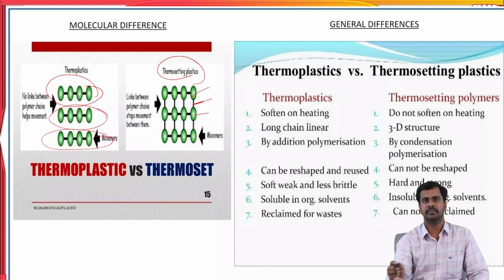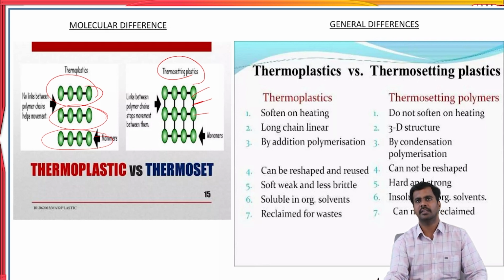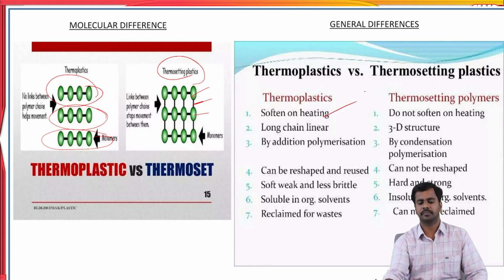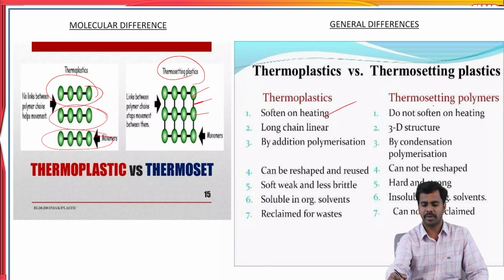So let us see the differences between the thermoplastics and thermosetting plastics. Thermoplastics are soft on heating. Thermosetting plastics do not soften on heating.